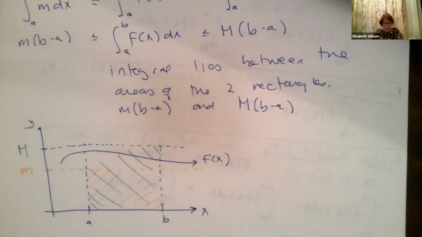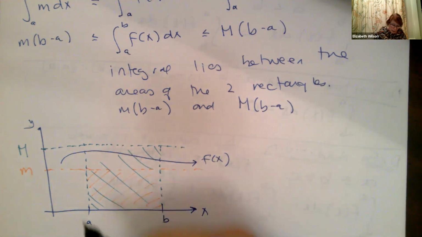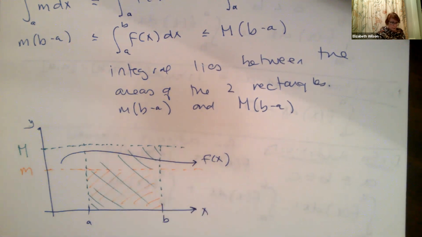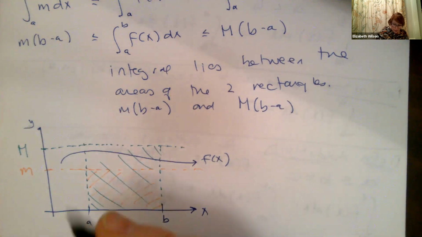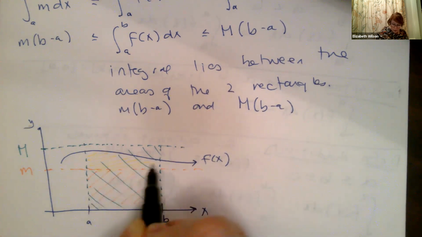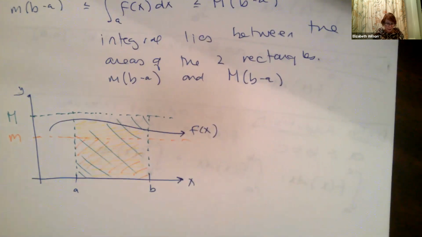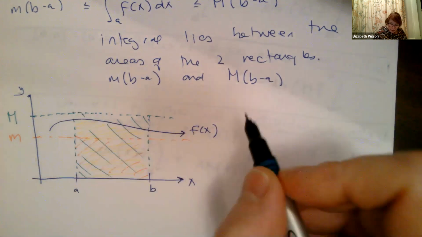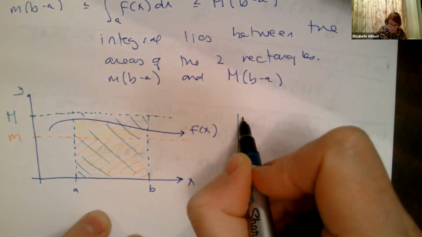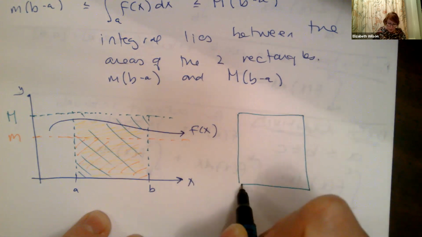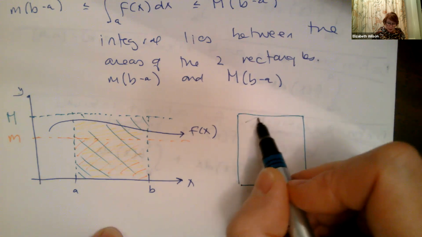Now I cannot calculate the area under the curve of my function, right? But I know it's somewhere right around here. It's this thing. Okay, so what we would say then is I've got this green rectangle. This is my big M, right? This is my upper bound on the area.